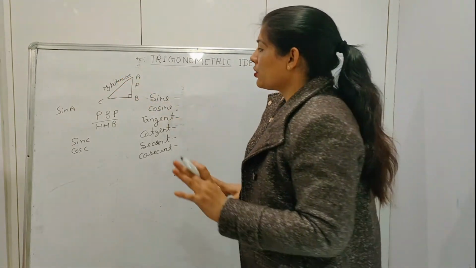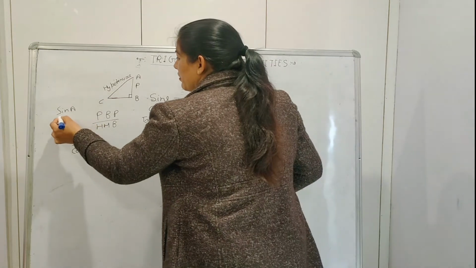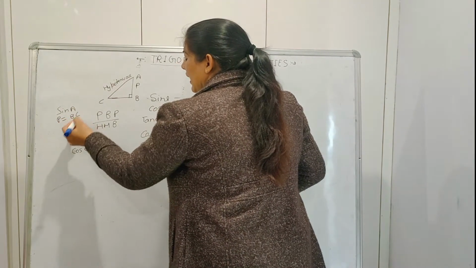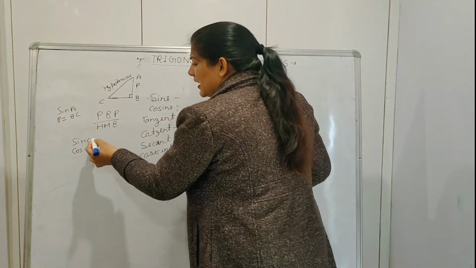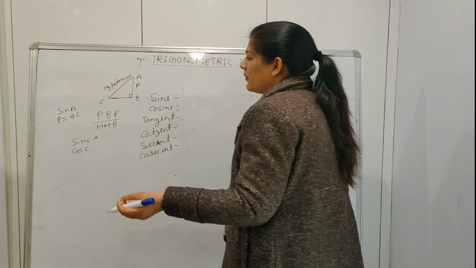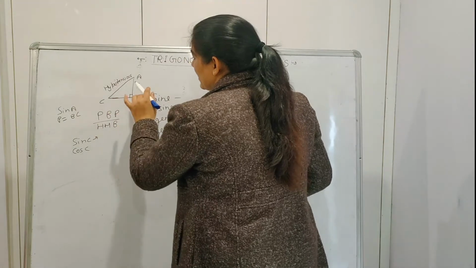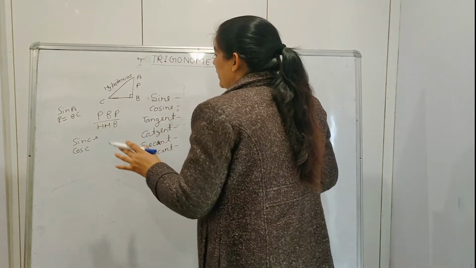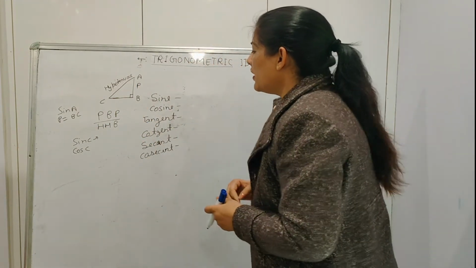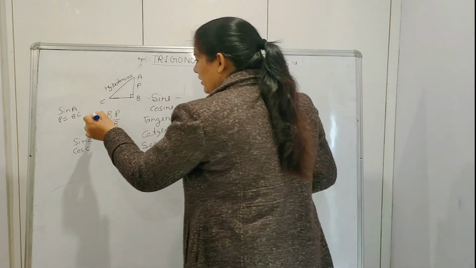Okay, so in that case perpendicular will be equals to BC. And if we have to find sine C or any trigonometric ratio of angle C, then we'll consider AB as the perpendicular.